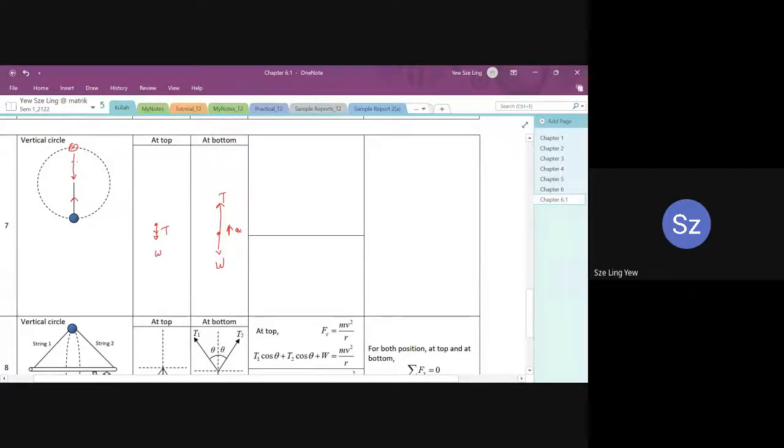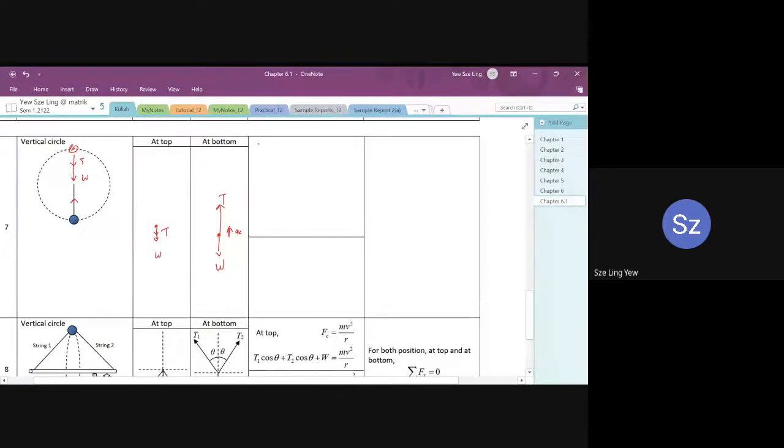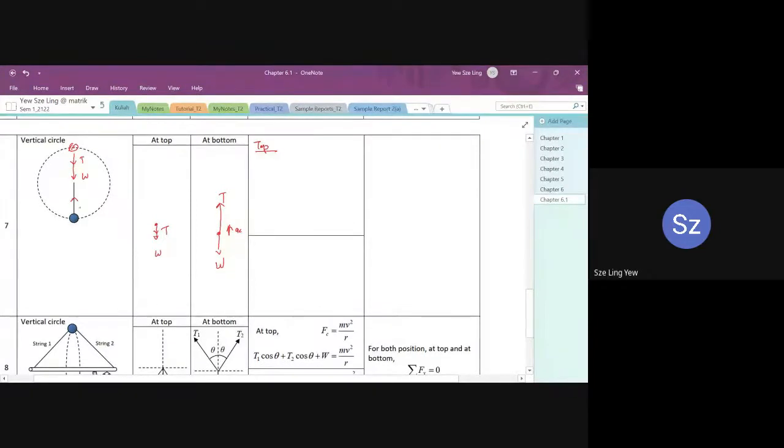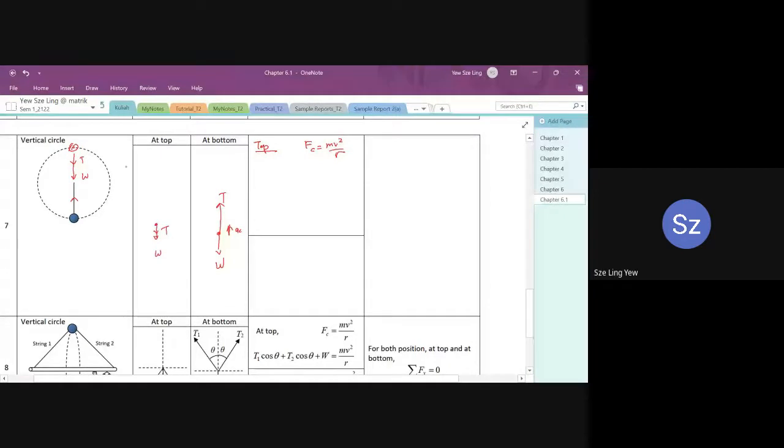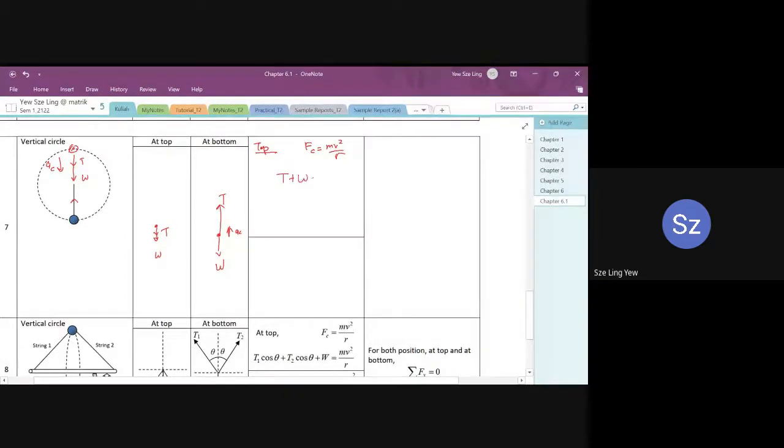So W and T, both of them are going down. Recall FC equals mv squared over R. At the top, both of them are pointing downwards, and AC is also pointing downwards, so both are positive vectors. So T plus W equals mv squared over R.